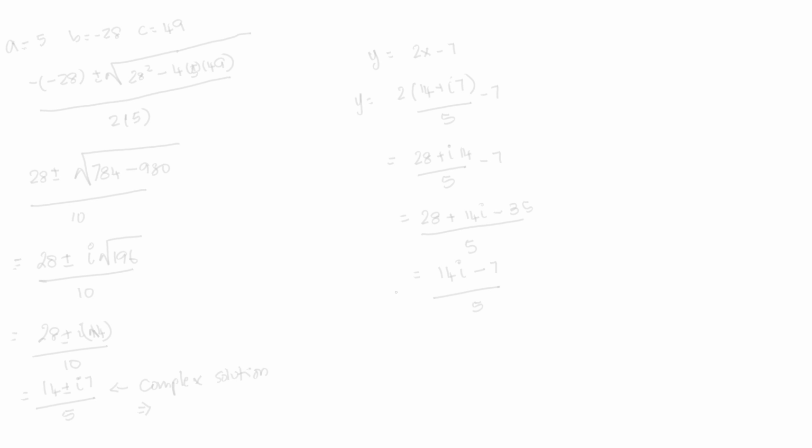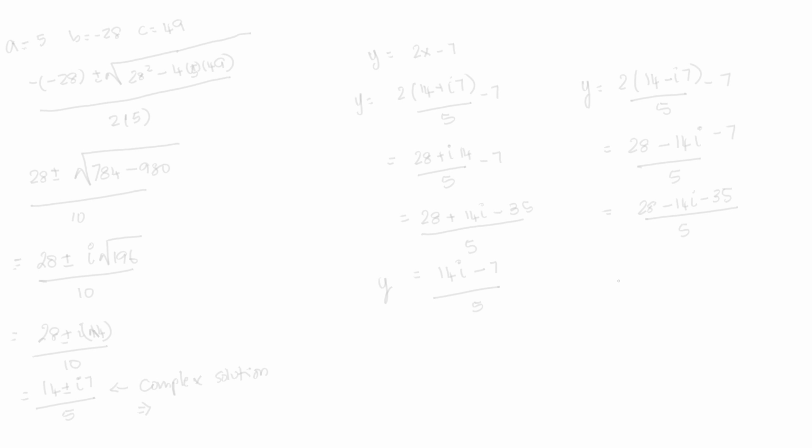That will be the first part. And the second part would be 2 times (14 minus i7) over 5 minus 7. Distribute, you get 28 minus 14i minus 7. Take the LCM, 28 minus 14i minus 35 over 5.